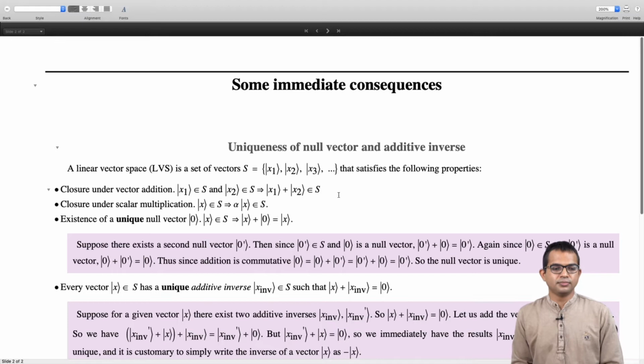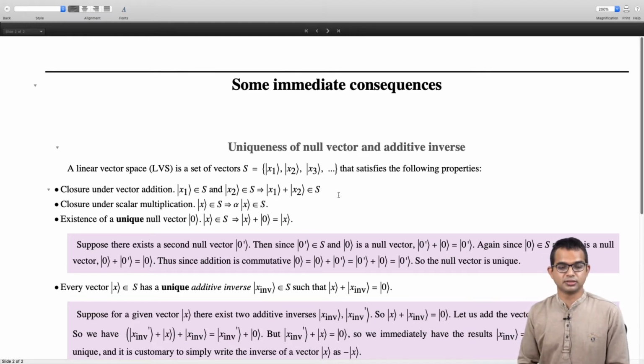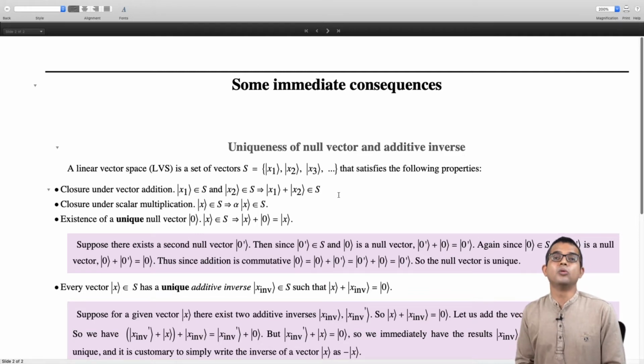Okay, so we said that a linear vector space is a set of these abstract vectors and it must satisfy certain properties. One is closure under vector addition, then there is closure under scalar multiplication. Then we also said that it has a null vector.